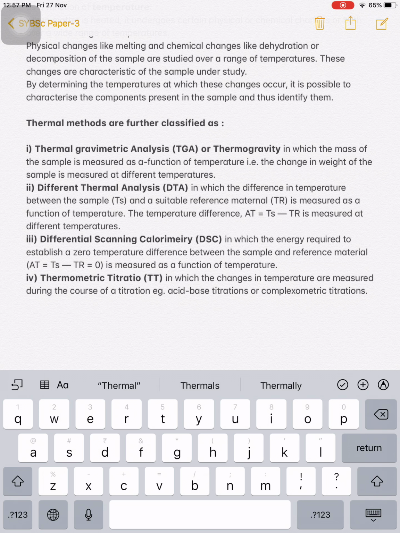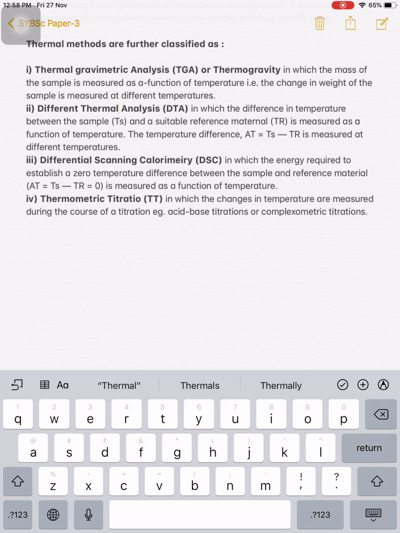The temperature difference is equal to Ts minus Tr. Ts means the sample and Tr means the reference material. So the difference is measured, and that difference gives us the information about the component which is present in the sample.